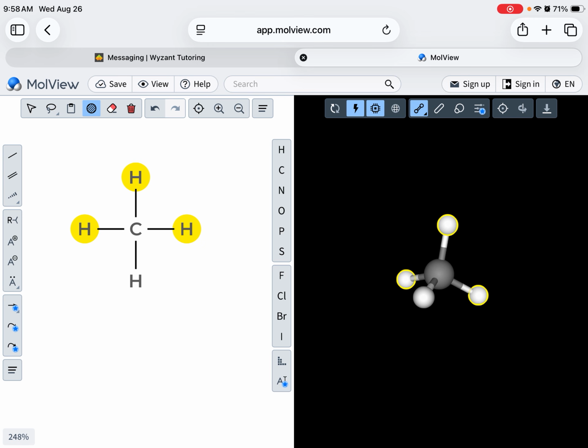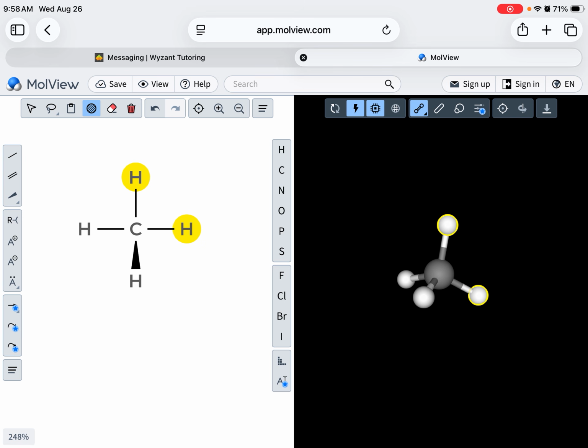And so a better way of drawing the tetrahedral shape of methane is to use wedges and dashes. And so we would take this hydrogen right here and actually draw it as a wedge.